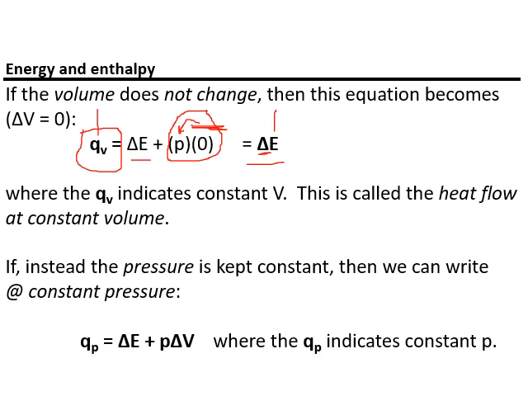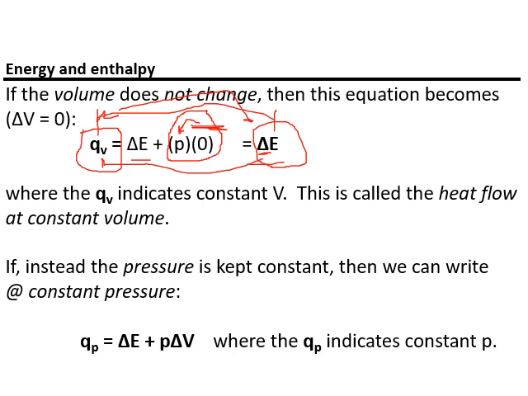But the delta E is equal to Q sub V, so that's a path function. And so Q at constant volume is just delta E. So you just figure out what the change in internal energy is, and that will tell you what Q is, or you can figure out what Q is, and that will tell you what delta E is.